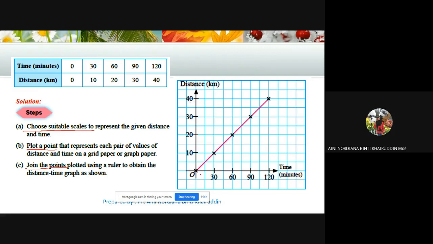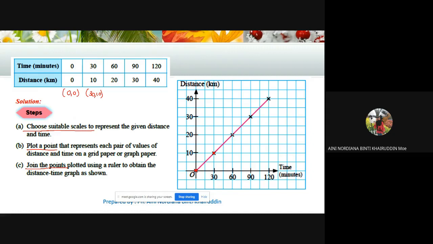So dah siap ni, lepas tu buat pula untuk time. 30, yang ni dia buat 2 kotak 30. Tak semestinya, kalau sini 10, sini pun kena 10. Paksi Y dengan paksi X ni up to you. Lepas tu plot point. Ni plot point yang pertama ni 0, 0. Yang kedua 30, 10.